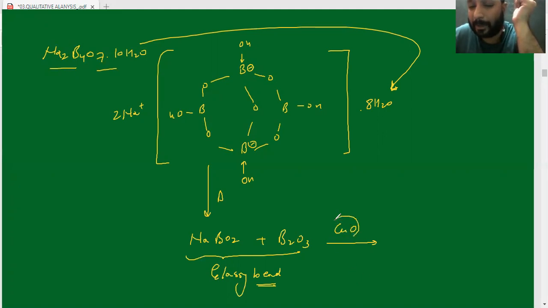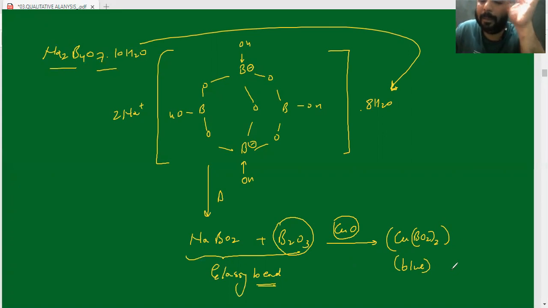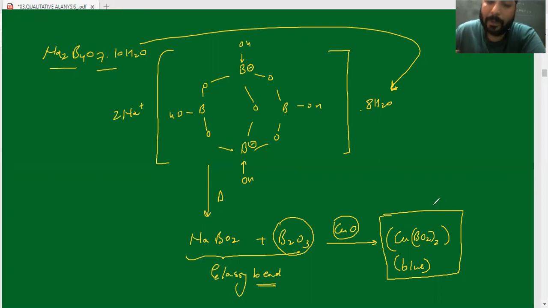When the transition metal oxide reacts with B2O3, I'll get the metaborate of that particular transition metal, which gives a particular color to the bead. So in case of copper, I'll get a blue bead, and I come to know that copper is present in the sample. So this is how the borax bead test works, and what I get is the metaborate of the transition metal for which you are observing the borax bead test.